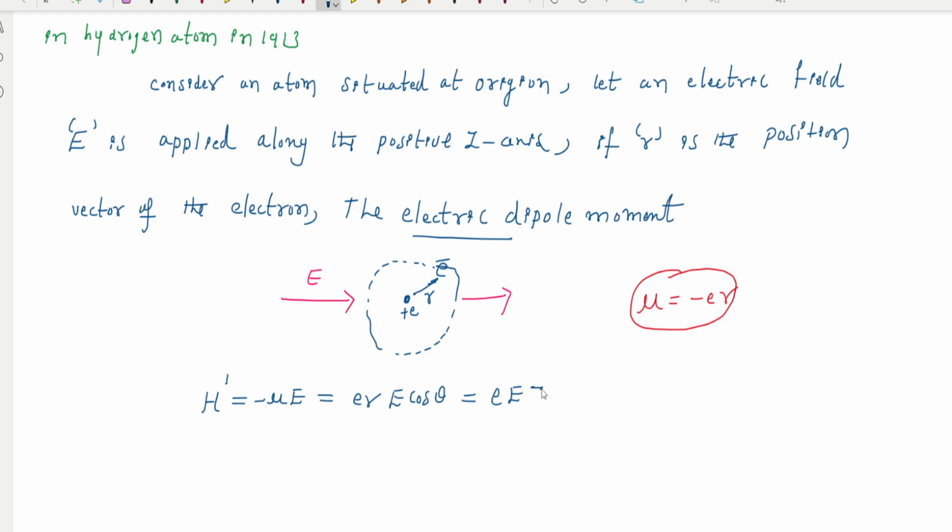This is Z axis, Z component, R cos theta.